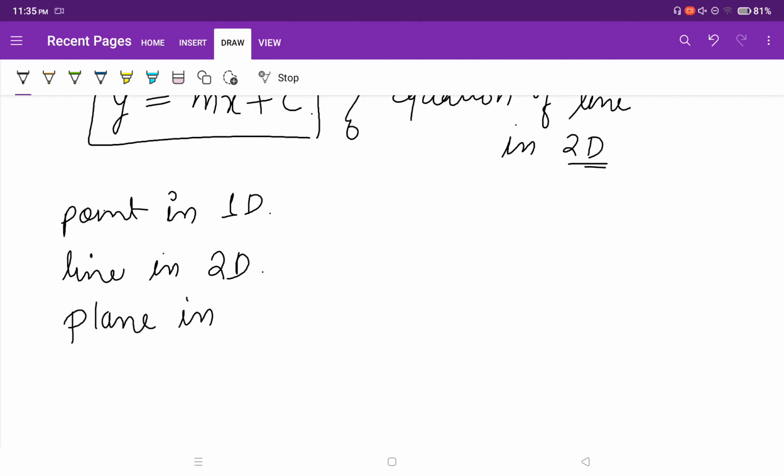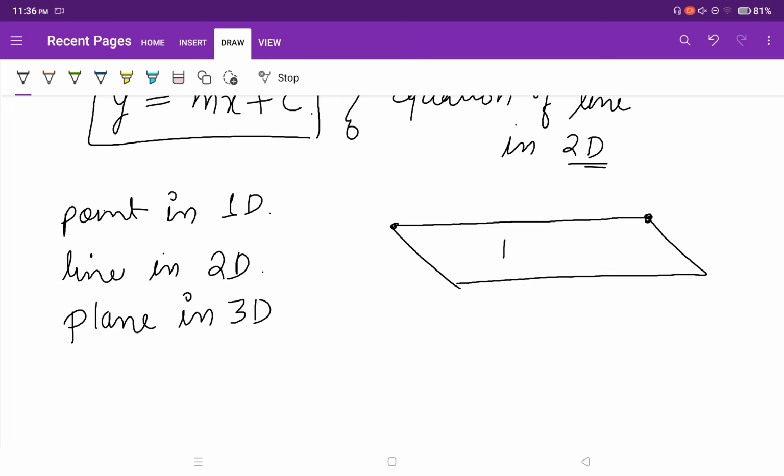So we have a plane in 3D, right? So how do we write the equation of a plane?